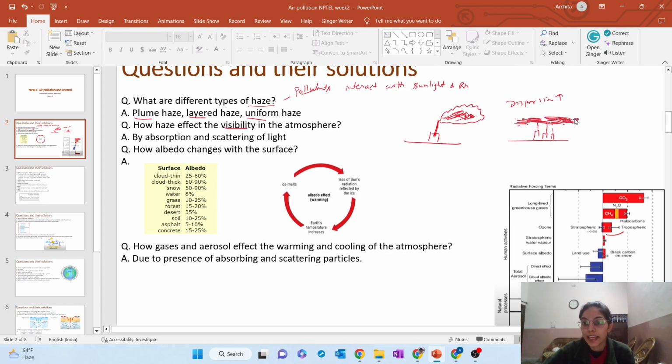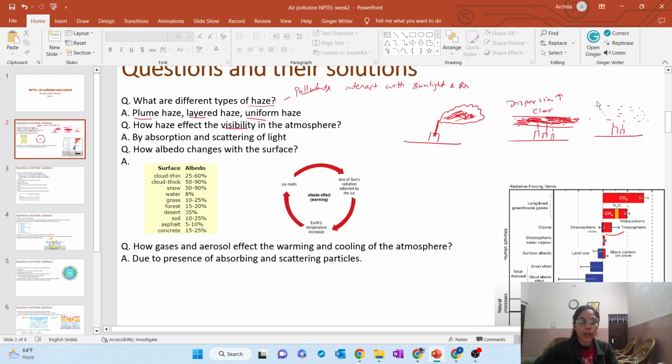So that is layered haze, that when the haze is in the form of a layer, and then you can clearly see that, okay, this region is hazy, and above it, it's clear. And the third is when the haze is uniformly distributed in the entire atmosphere or the visible region.